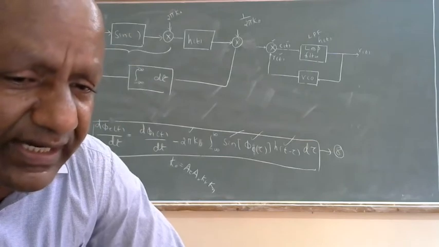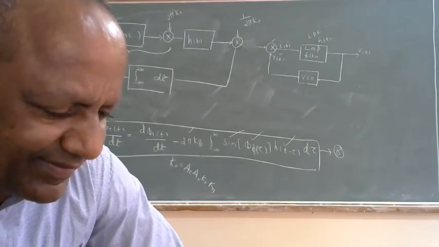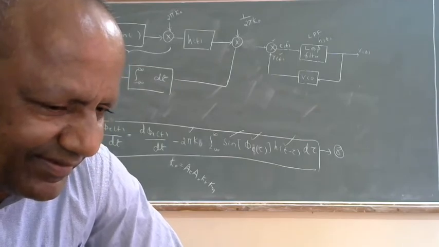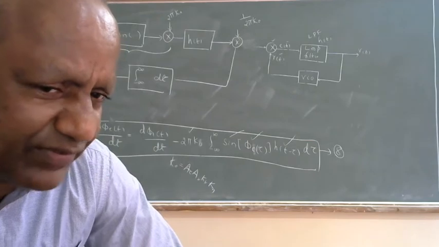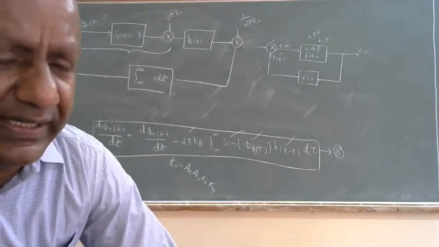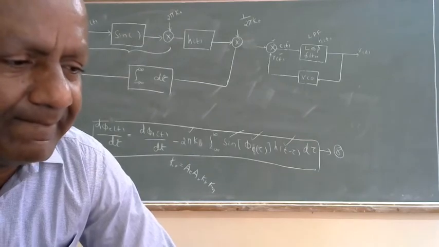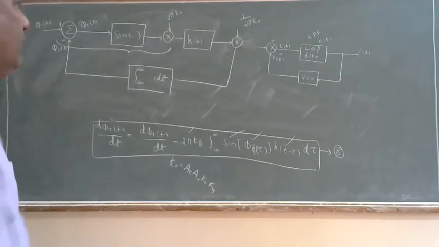Sine function is there. Is that sine linear or non-linear? Phi of tau is now in the form of sine of phi of tau. Is that sine function linear or non-linear? Yeah, because of that sine only.